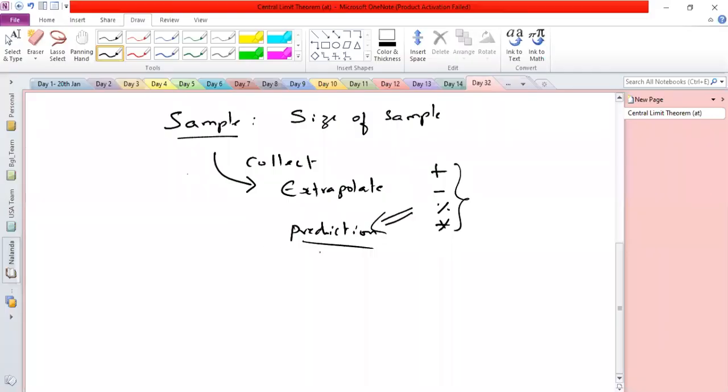Whether you use data science methodologies or statistics principles or whatever it is, the question is how accurate is my prediction? How accurate is my sample data in predicting my population parameters? How accurate is always the question.